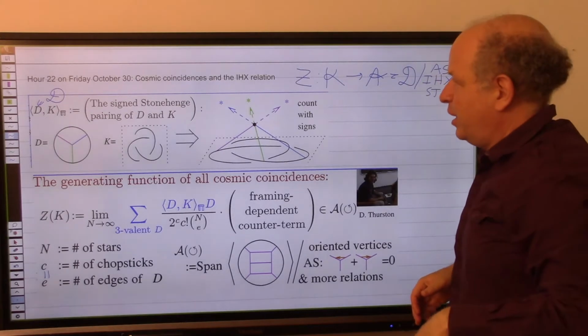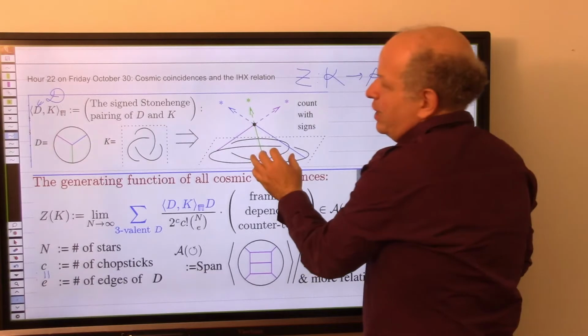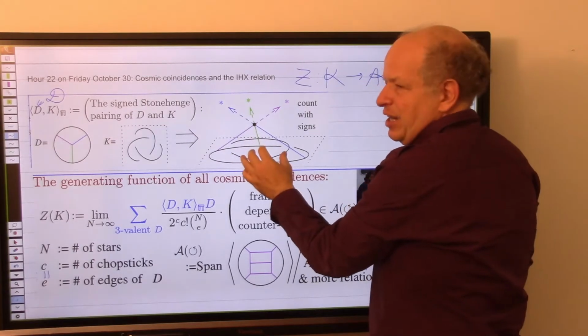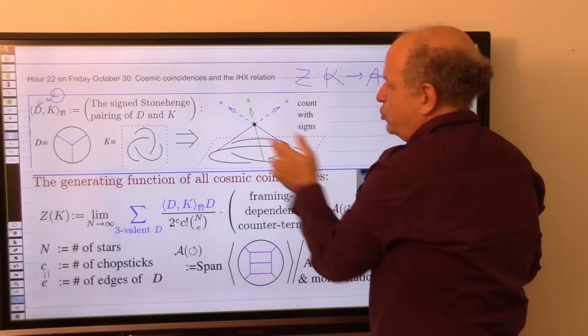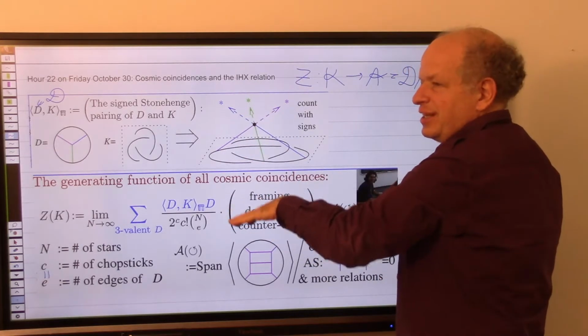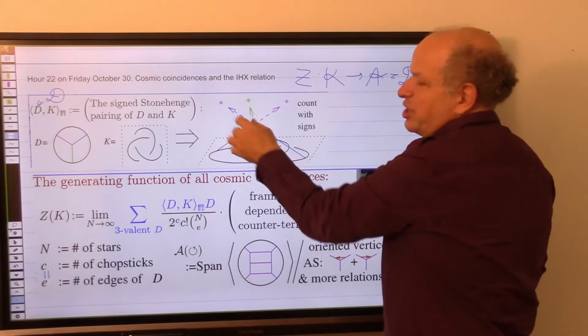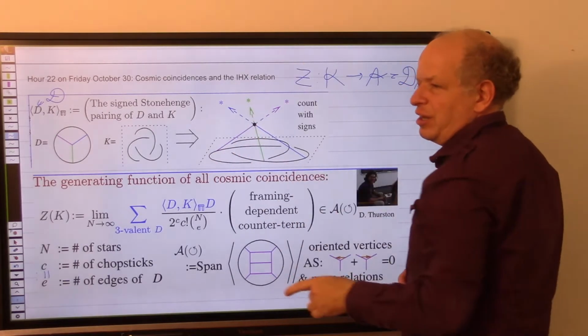The quantity is the number of ways you can place this diagram constructed out of chopsticks on top of the knot in such a way that all the chopsticks are pointing directly at stars.